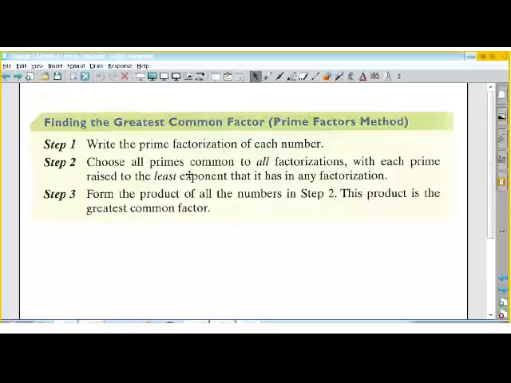So if you had something squared or something in the first power, you'd choose the first power. If you had something cubed or something squared, you'd choose squared because that would be the least. And then you take those numbers from step 2 and you multiply them together, and that gives you the greatest common factor.